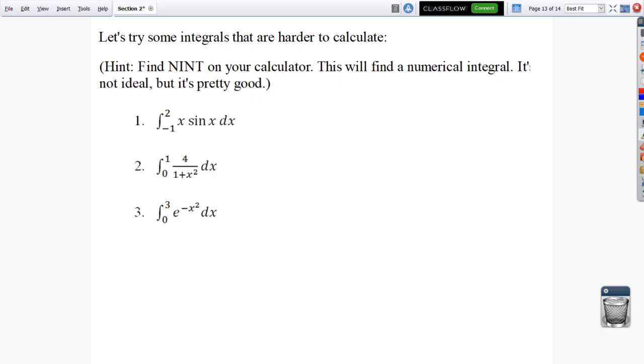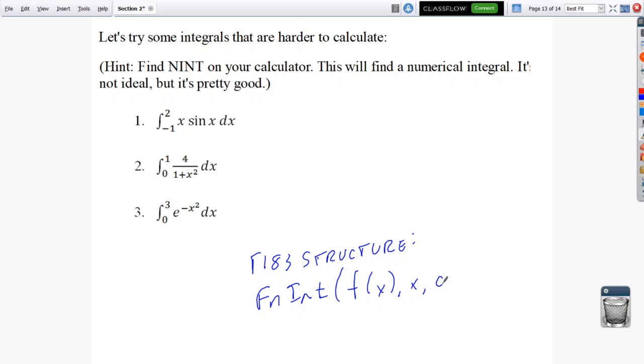If you're using a TI-83, the structure for numerical integration is fnInt, parentheses, f of x, comma, x, comma, your lower limit, comma, your upper limit.